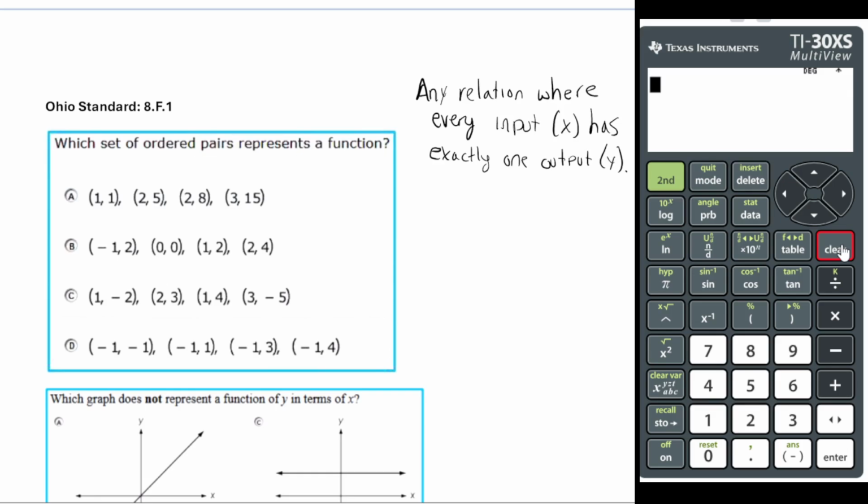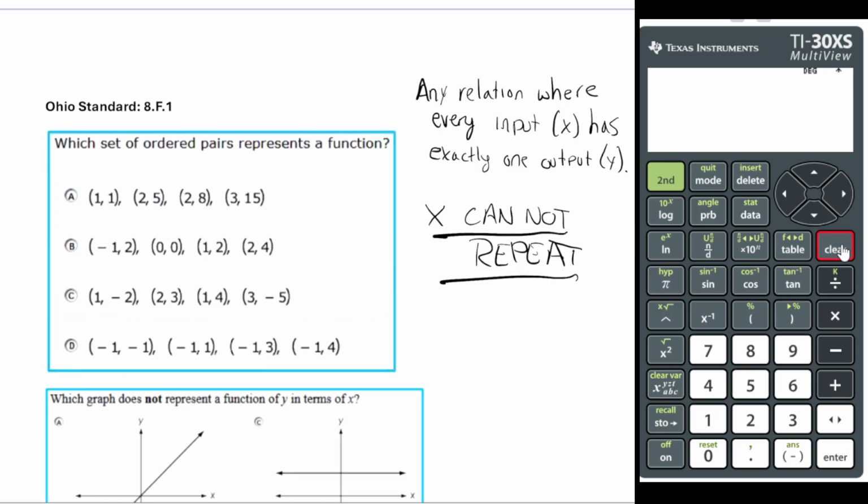Or, in layman's terms, the easier way that I like to think about it, x cannot repeat. If there's anything you remember about functions today, it is that x cannot repeat.